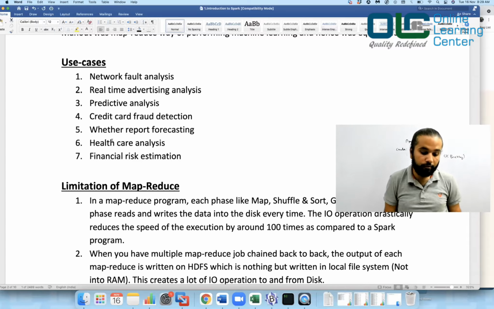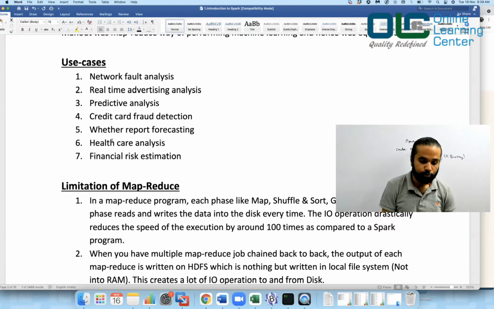Next, weather reporting, forecasting, right? So think about this. These days, it's very easy to identify when it will rain, right? Will it rain tomorrow? Most likely yes, or most likely no. So if you look into the weather forecast today, you will know if it will rain in Hyderabad or not.